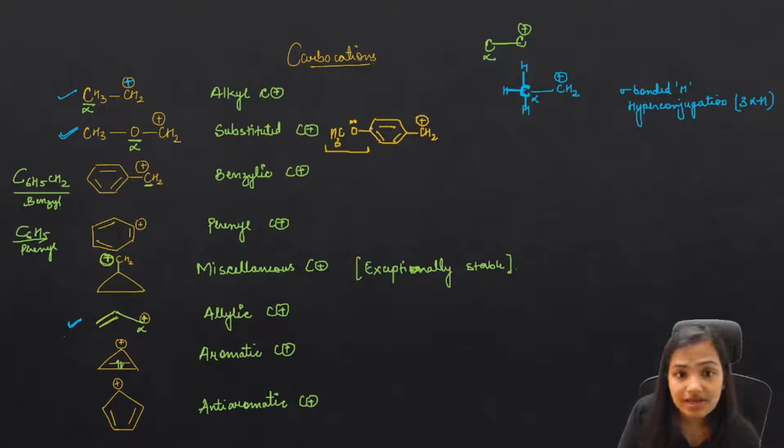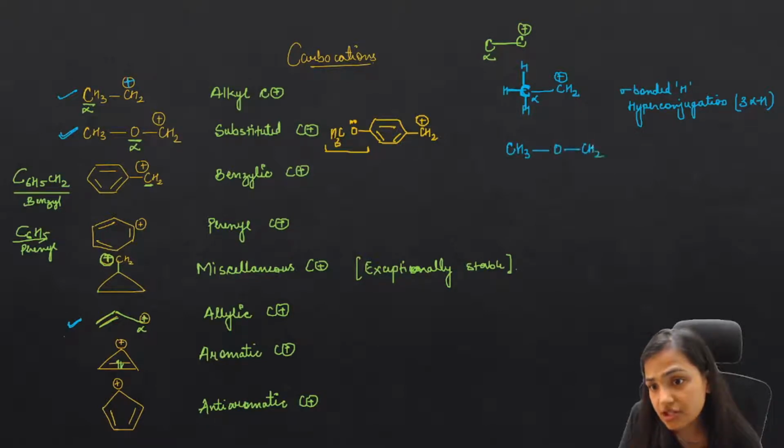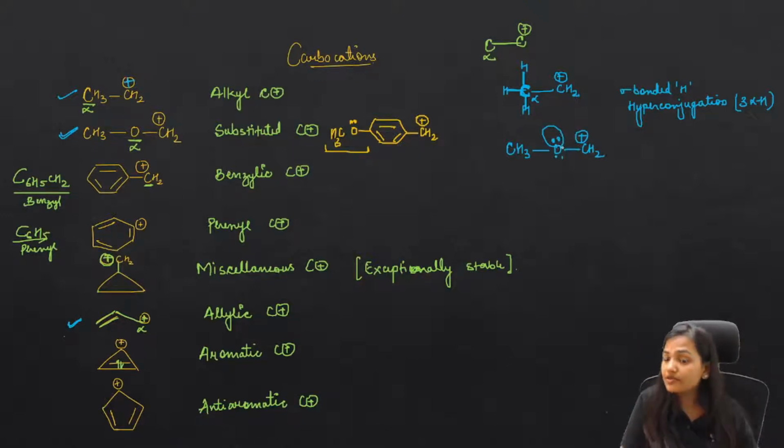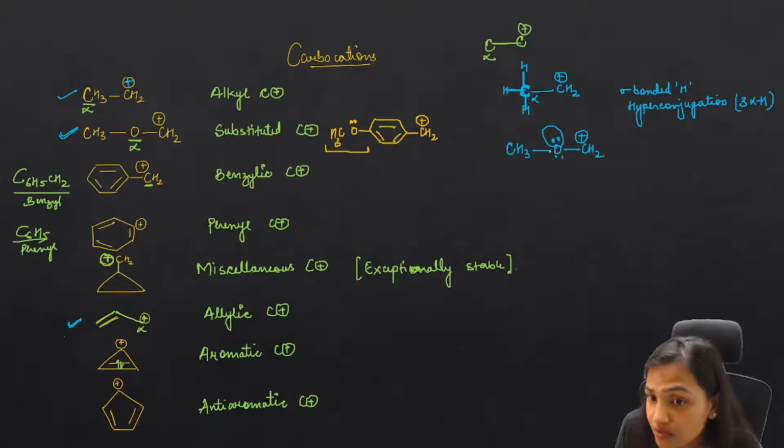Now you will see example number 2. Here the example I have picked is CH2 positive, and over the oxygen I have a lone pair. Oxygen has a lone pair of electrons. If you see the valence shell electrons over the oxygen, there are 6 electrons: 2 are in bonding and 2 are lone pairs. So this is the alpha position, and at this alpha position is the oxygen lone pair.